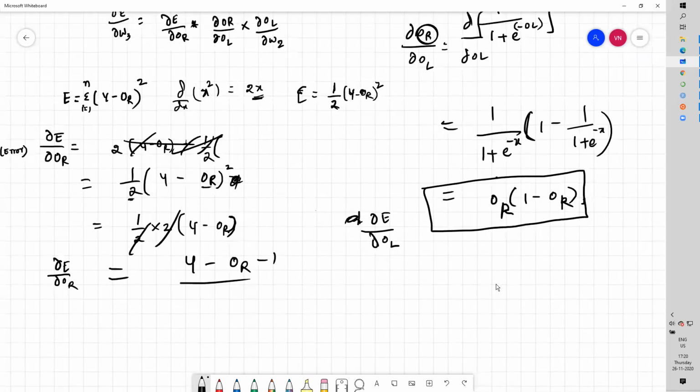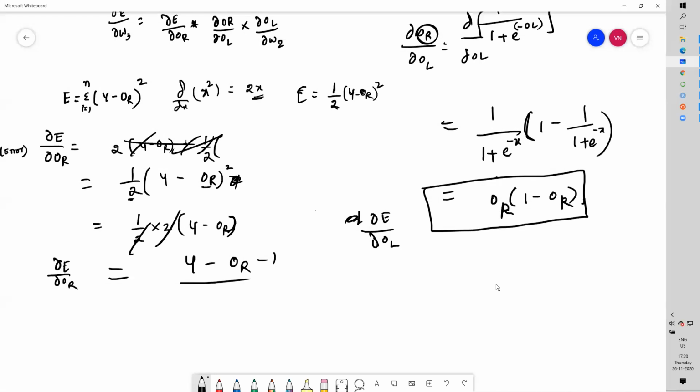And the third derivative is, sorry, not dou E, dou OL by dou W1. So what is dou OL? OL is W1 into X1. I am not writing the other ones because when we are deriving this for W1, the other ones are constant and the derivative of a constant is nothing but 0.